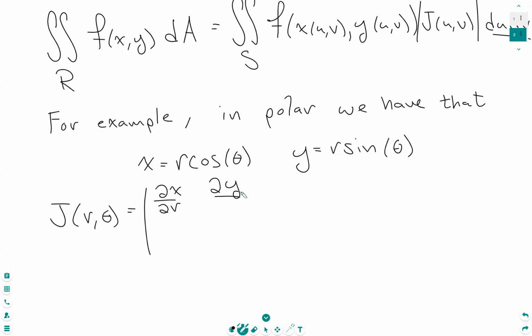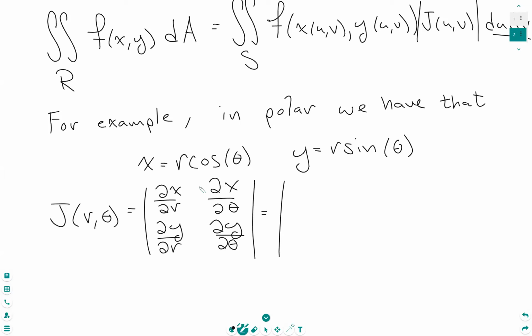This is going to be partial x partial r, partial y partial r, partial x partial theta, and partial y partial theta.